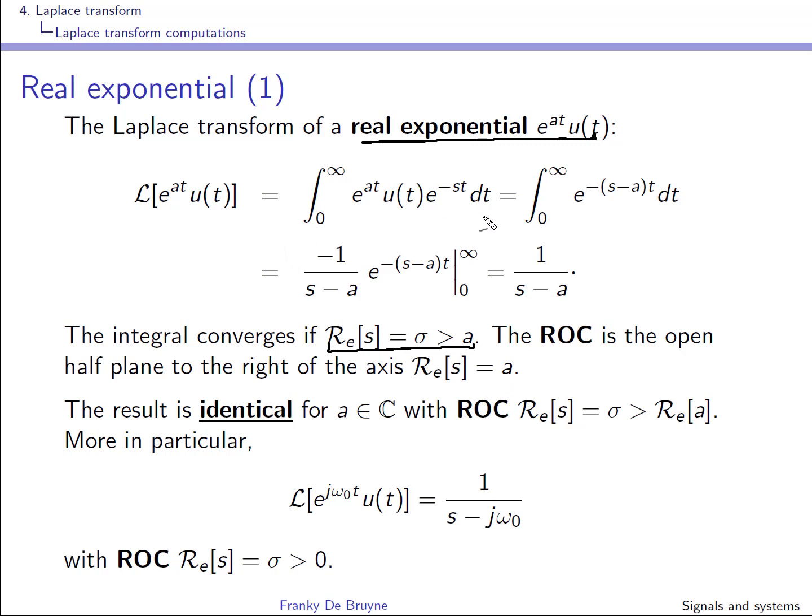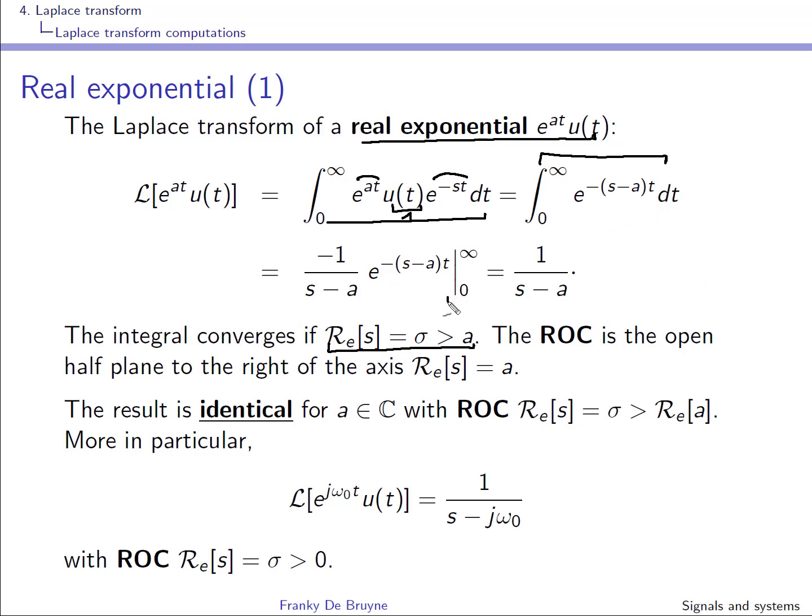So let's use the definition, and the definition yields this expression. As usual, we are going to integrate between 0 and infinity. In this interval, this is just 1, and we end up with this expression over here. Remember that we can, using the properties of the exponential, rewrite things like this. So we integrate this.